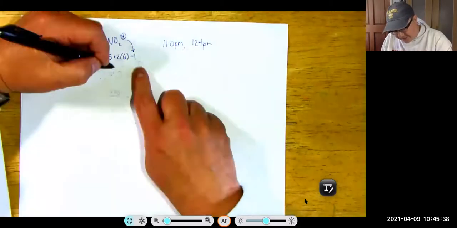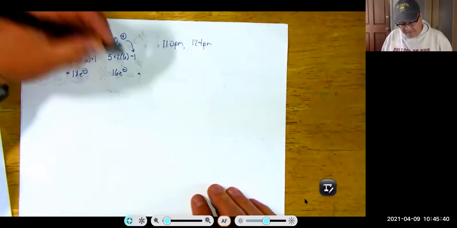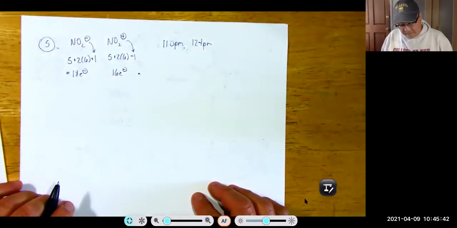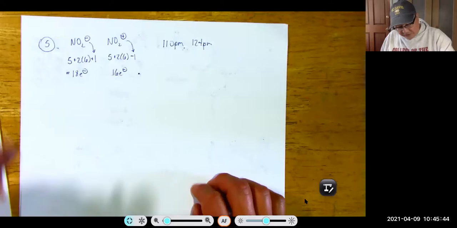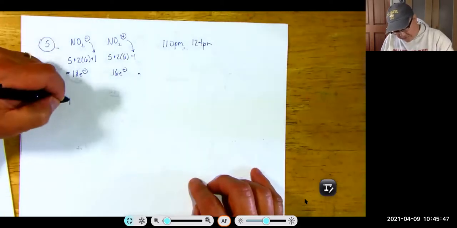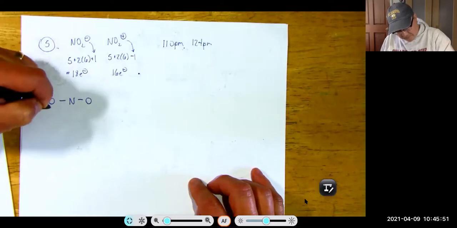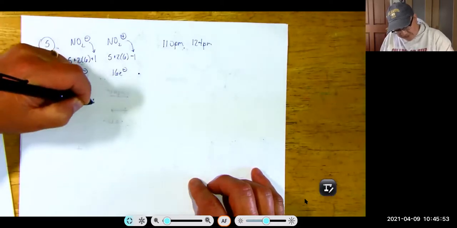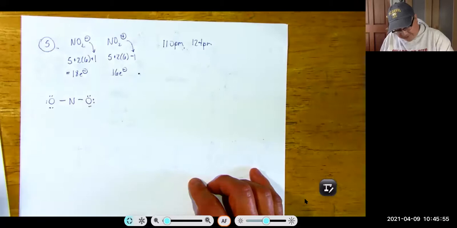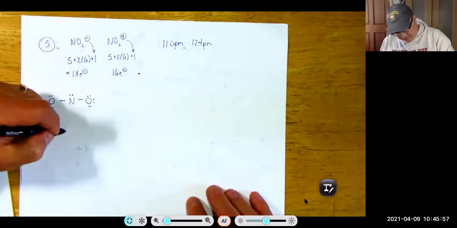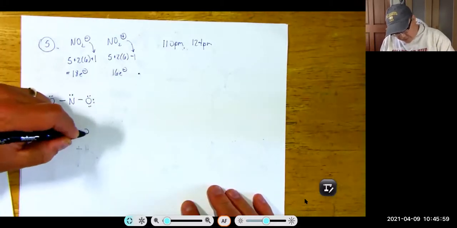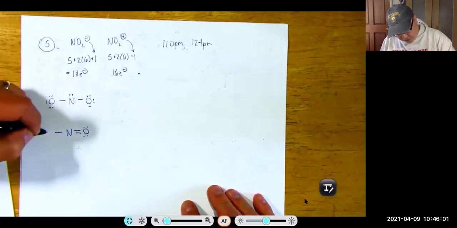So here we're looking at 16 electrons. All right, so let's do the NO2 minus first. 16 electrons, 17, 18. And for this one, we're going to draw 2 structures.